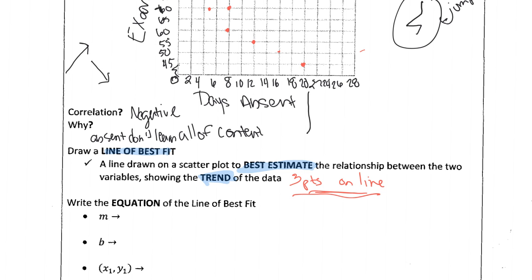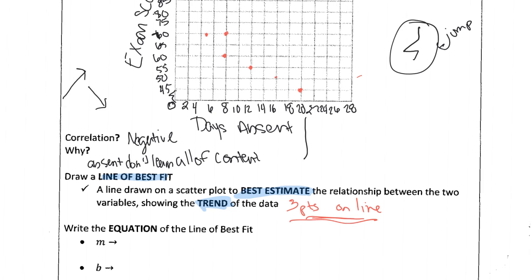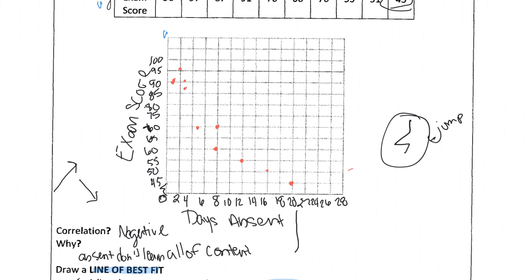Okay, so we're going to draw a line of best fit here. So I might maybe get a ruler. That might be helpful. I can't really do that, so I'm going to eyeball it. So I want to get as many points as possible. So I think to do that, starting at 95 might be good. Going through this point and this point, and maybe one of these.